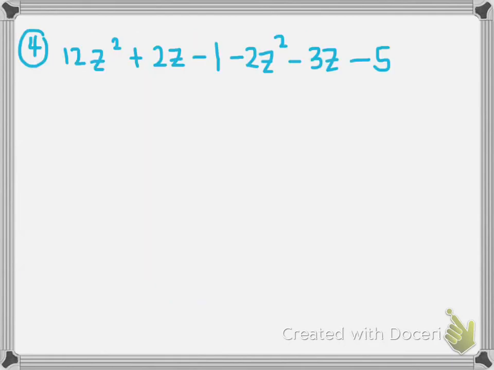Okay. All right, let's do another one here. So I've got 12z squared plus 2z minus a 1 minus a 2z squared minus a 3z minus a 5. Okay? We want to combine our like terms, so 12z squared and a negative 2z squared. So that would be a 10z squared.